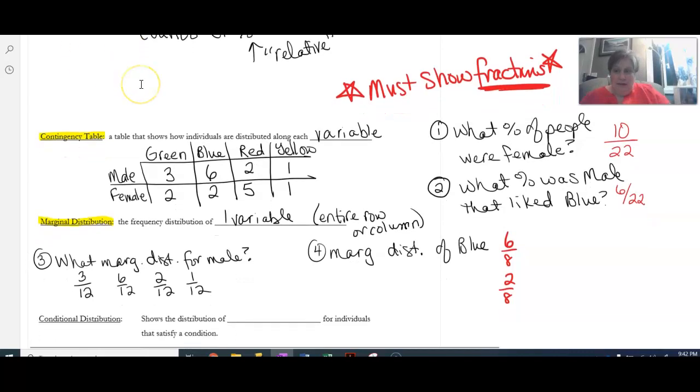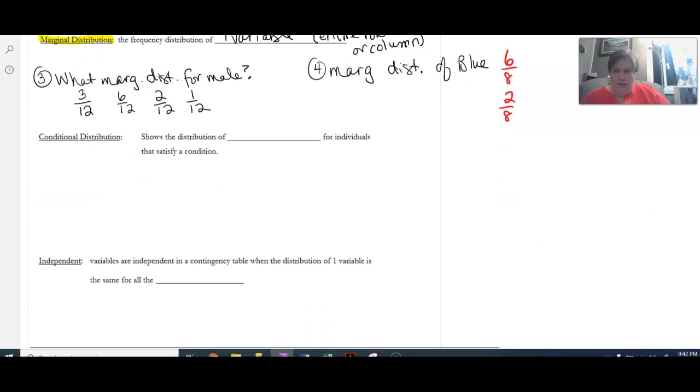Okay, the next thing, and this is kind of tricky, is something called conditional distribution. Conditional distribution shows the distribution of one variable that satisfies a condition.